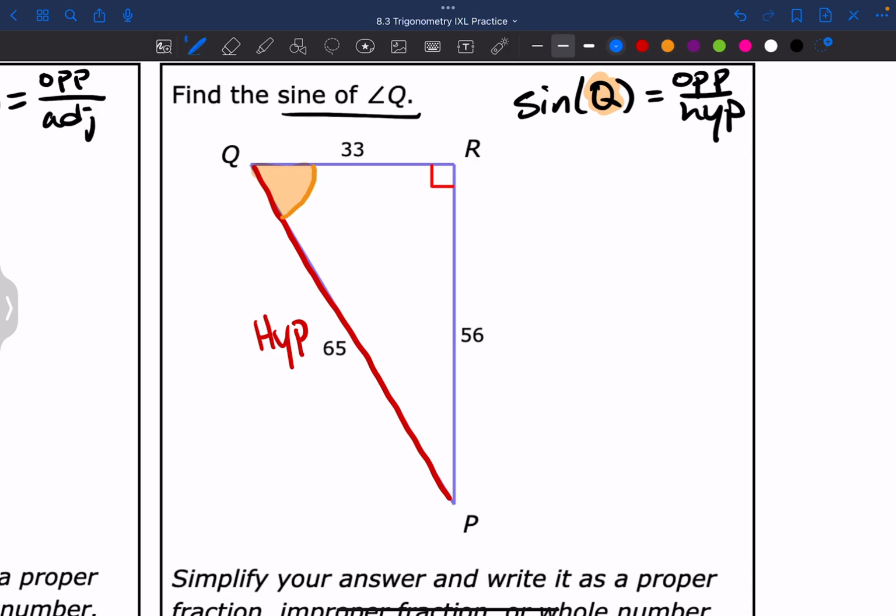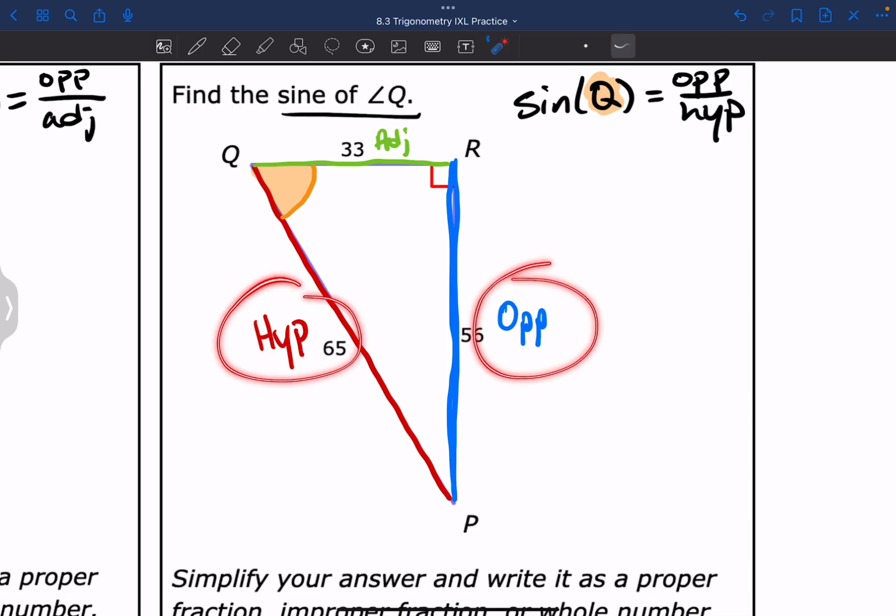Looking for the side opposite to it, literally it is 56. So this is my opposite side. Then the side that is next to or adjacent is going to be that last leg right there. So this is adjacent. And there we go, I have labeled my triangle. I'm concerned about only opposite and the hypotenuse.